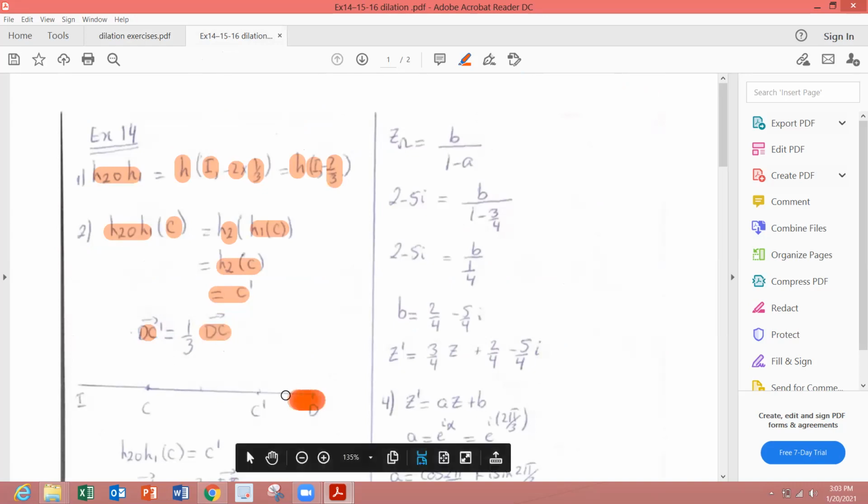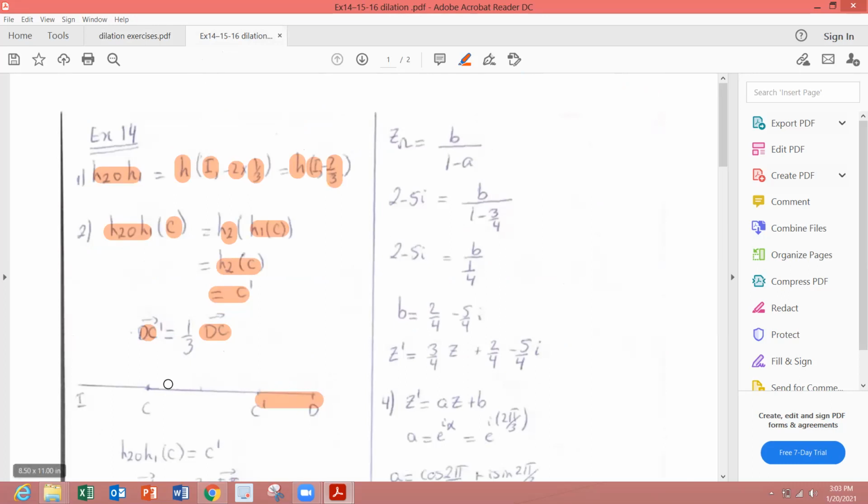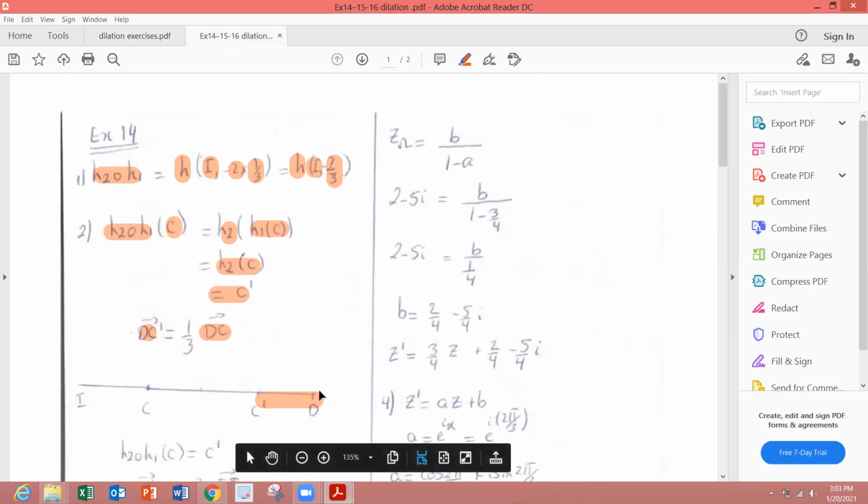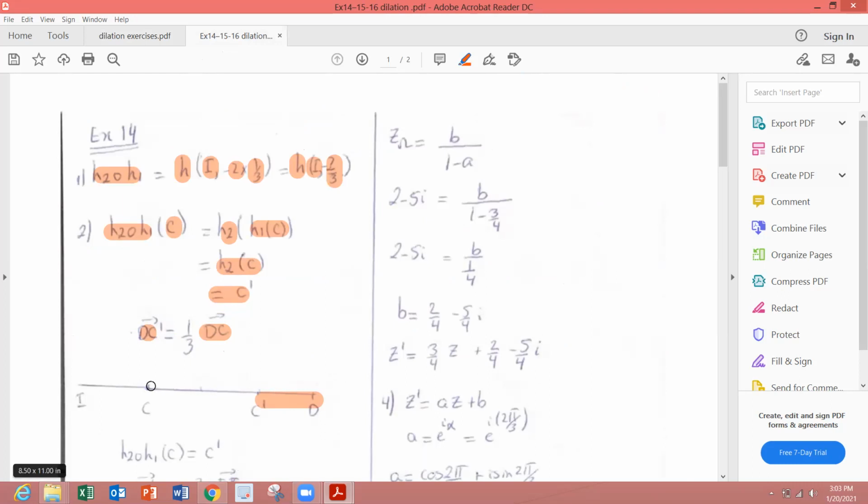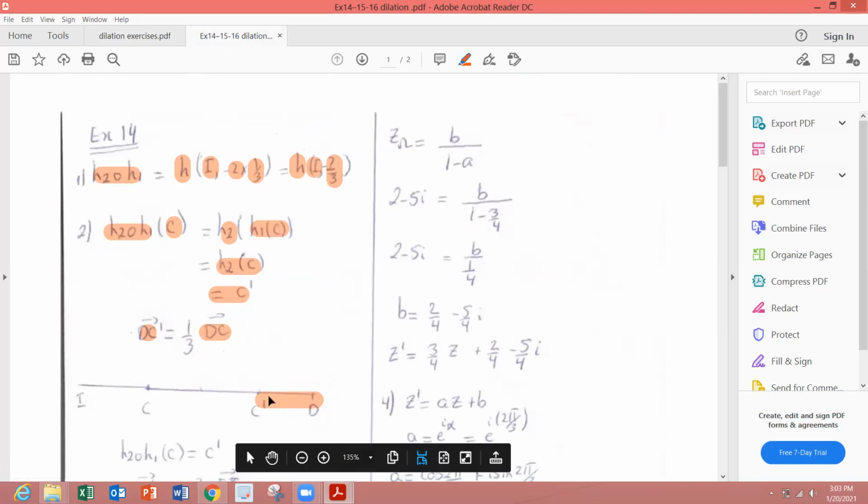Pay attention, DC prime has the same sense as DC.